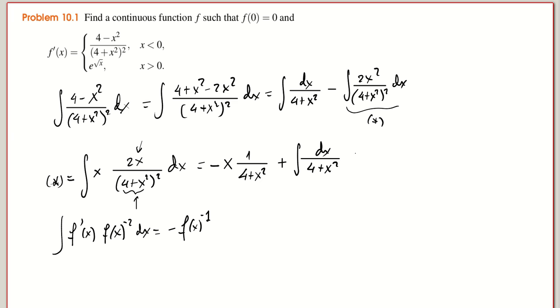All right, so this is equal to, we can introduce this now here, and calculate the primitive we were looking for, because if we subtract this bit here, this cancels with this one, you see? And so the only thing we're left with is just x over 4 plus x squared. So it turns out that the primitive of this is simply this function here. Okay, we have a primitive of that. Of course, there is an arbitrary constant there.